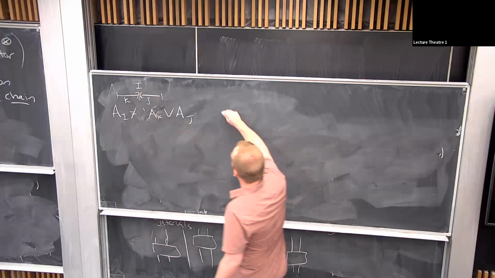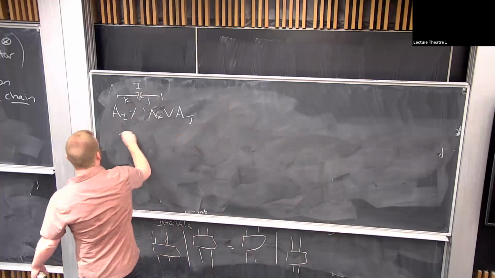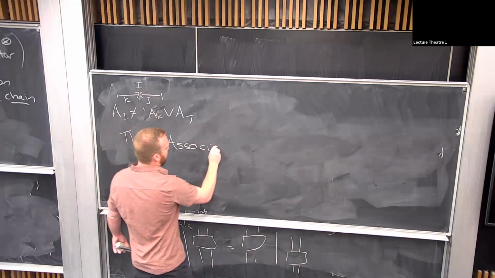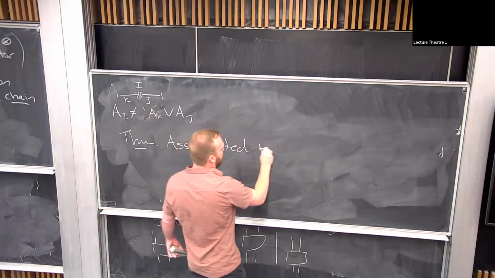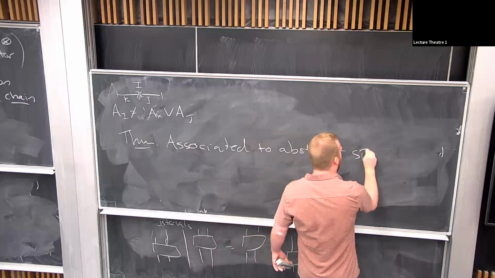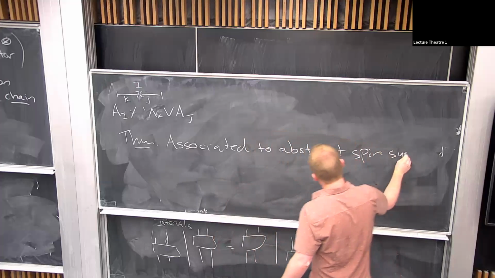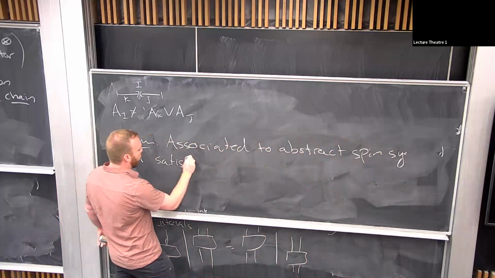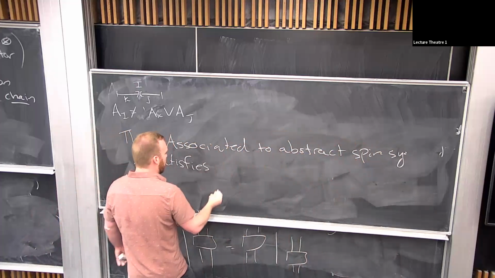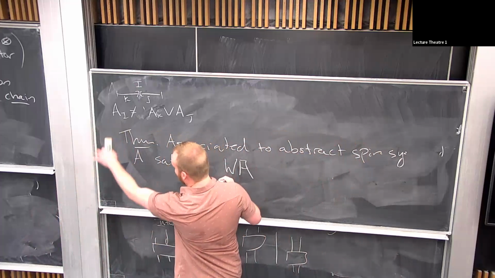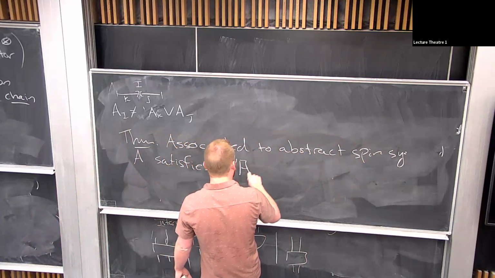So here's the theorem, I guess I'll say: associated to any abstract spin system satisfying a condition that I'll call a weak algebraic Haag duality. Weak, it's just a technical condition which all these fusion categorical nets satisfy.